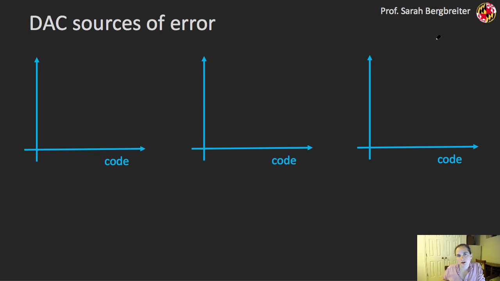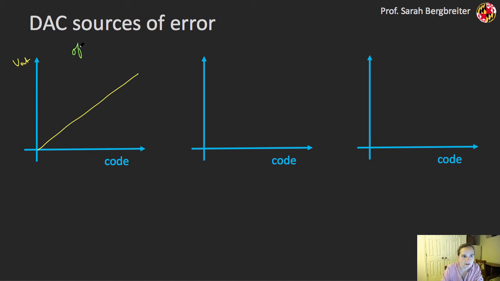So similar to the challenge of quantization error that we saw in an analog to digital converter, we're going to have a number of sources of error going from our digital to our analog side as well. And all of these are going to stem from some divergence from that ideal conversion that we talked about. So my ideal conversion would take me from some digital code to some V out, for example.